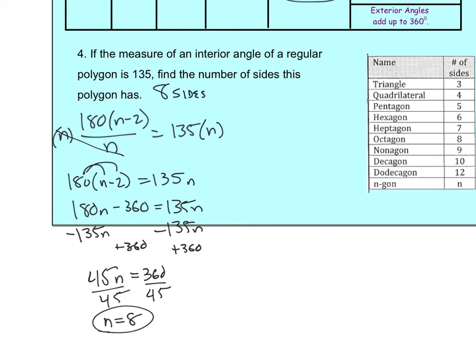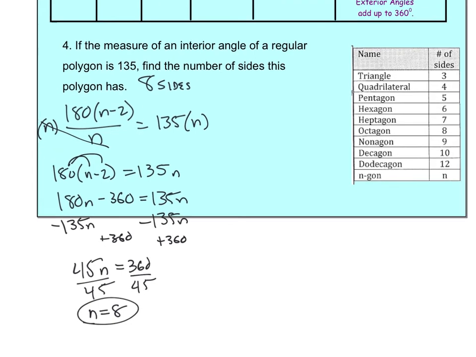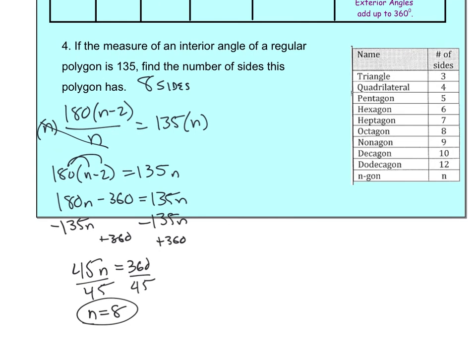Okay, now that way will work. It's a little brute force, you're kind of plowing through there algebraically and just doing a lot of solving. A little more clever way to do it might be to realize, okay, if I just sketch this interior angle, it's 135 degrees, which means my exterior angle has got to be 180 minus that. 180 minus 135, sorry, is going to be 45 degrees.